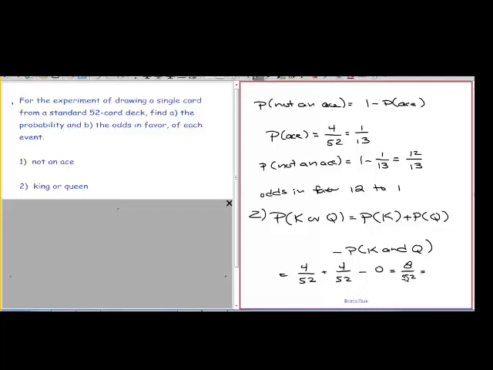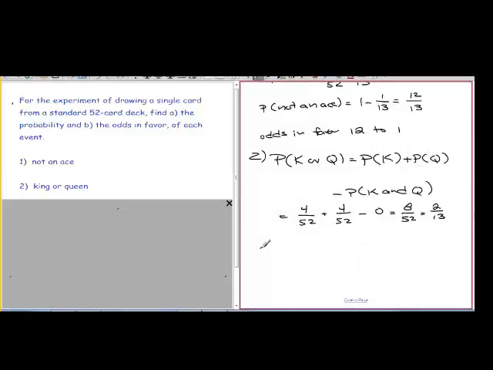So you add those two together, you get 8 over 52, which is, if you divide by 4, you'll get 2 over 13. It's twice what I got up here. So that's the probability.